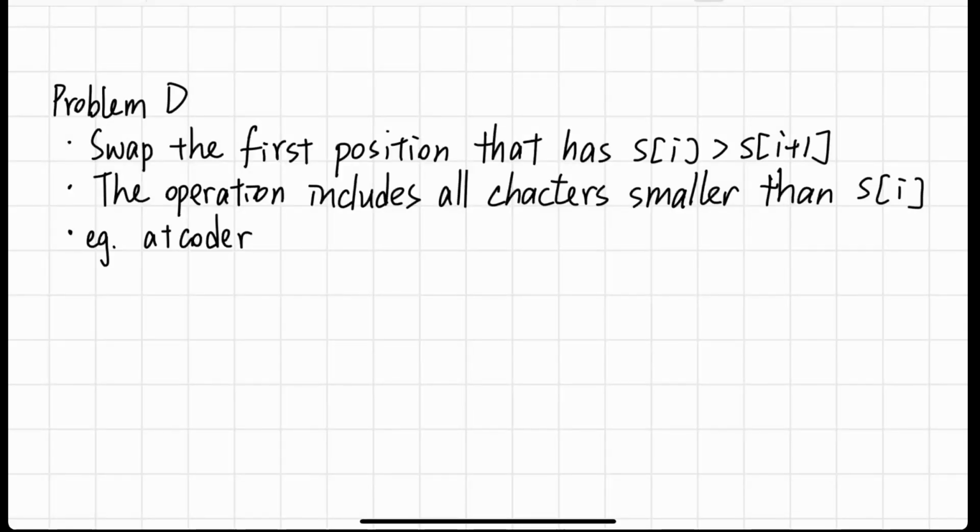Since we can only perform exactly one operation, then we can swap the first position that has Si greater than Si plus 1. And this is because we want to find the lexicographically smallest string.